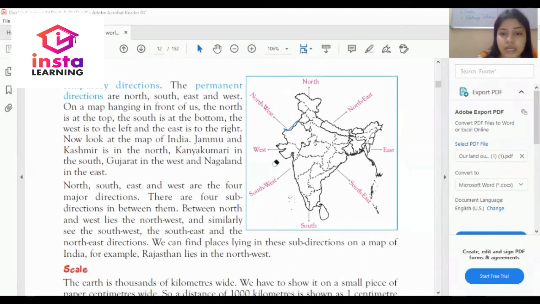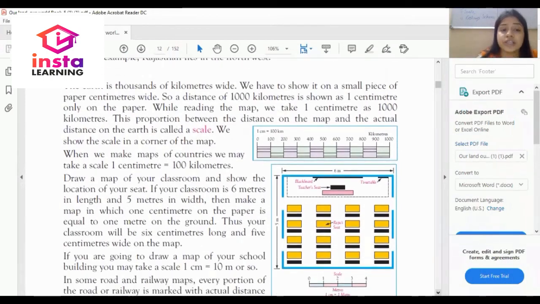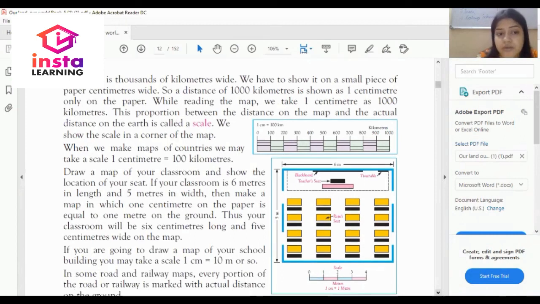Dear student, let's understand scale. So I am moving ahead. This is scale. The earth is thousands of kilometers wide. बहुत 1000 किलोमीटर्स लंबी अर्थ है. तो हम मैप में उसे कैसे दिखाते हैं? We show it on a small piece of paper, centimeters wide.